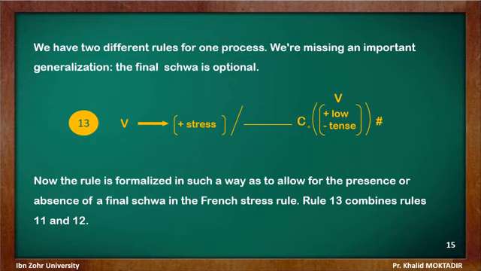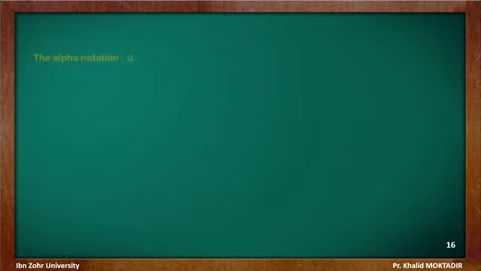This shows that the schwa could be there or not there because we put it between parentheses. So now the rule is formalized in such a way as to allow for the presence or absence of a final schwa in the French stress rule. Rule 13 then combines rules 11 and 12.